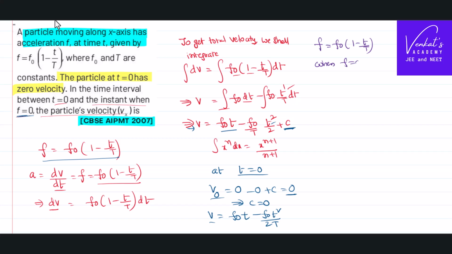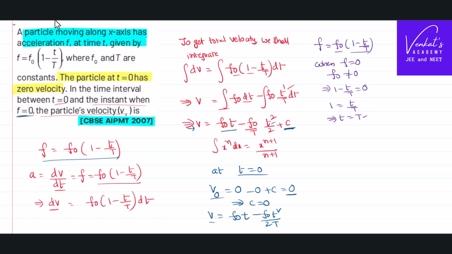When f equal to 0, these two terms have to be equal to 0. But I definitely know that f0 is not equal to 0, it has some value. So 1 minus small t by capital T has to be 0. It implies 1 equals small t by capital T, so small t equals capital T. So when f equal to 0, small t becomes capital T.